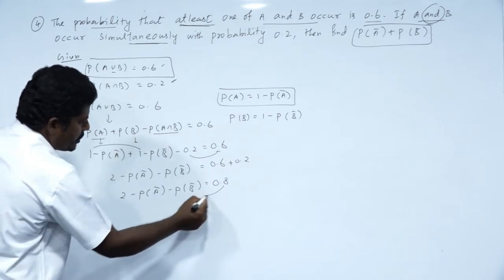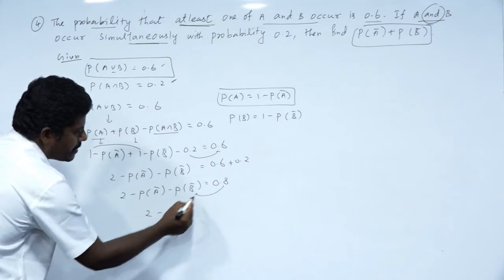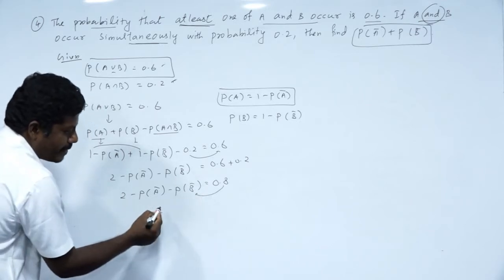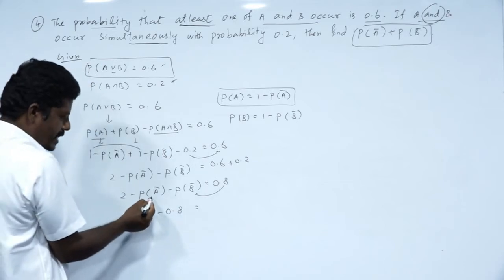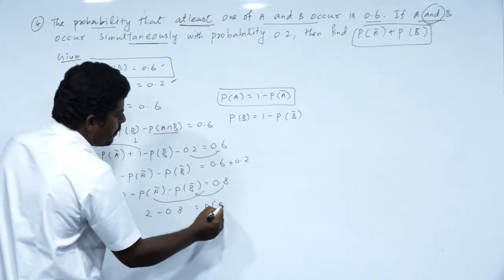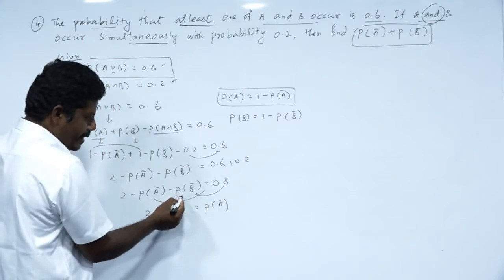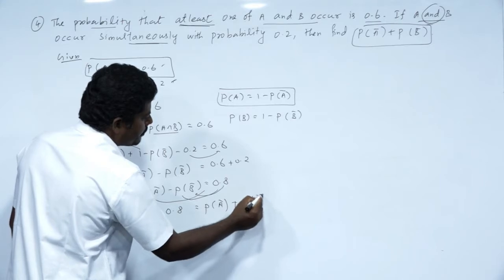Now, send this 0.8 to the left side. Already 2 is there; 2 plus 0.8 coming to the left side becomes minus 0.8, which equals probability of A bar plus probability of B bar, since the minus probability of A bar and minus probability of B bar go to the right side and become plus.